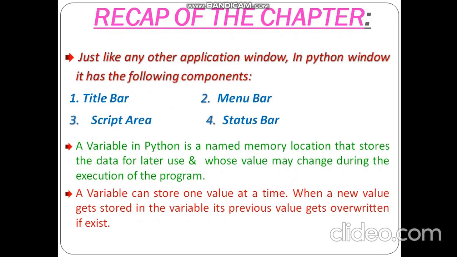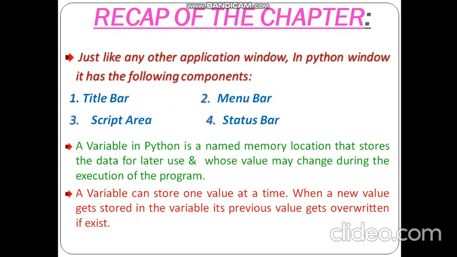Now some recap of the chapter. Just like any other application window, in Python we have the following components. First, title bar. Second, menu bar. Third, script area. Fourth, status bar.